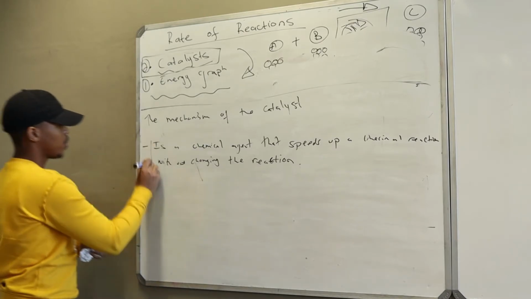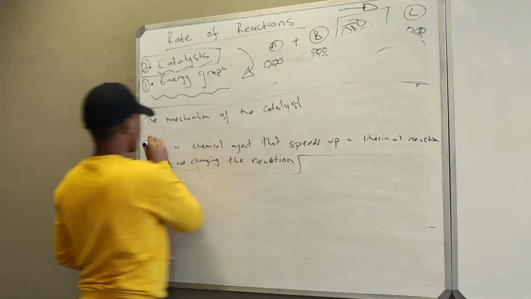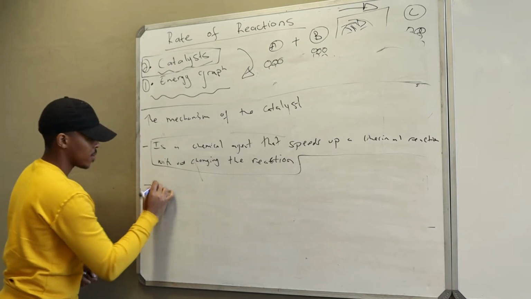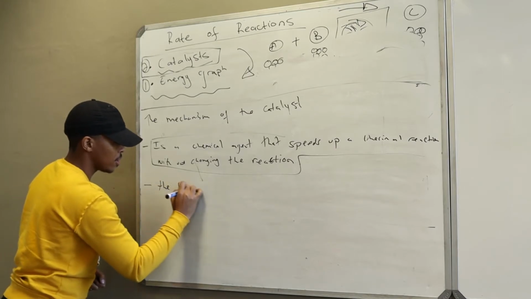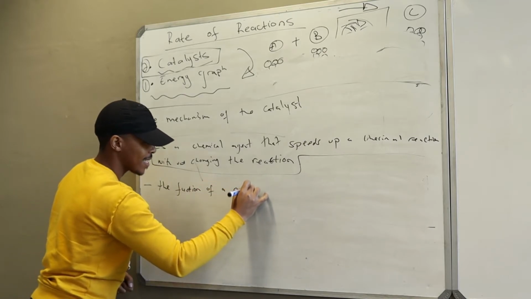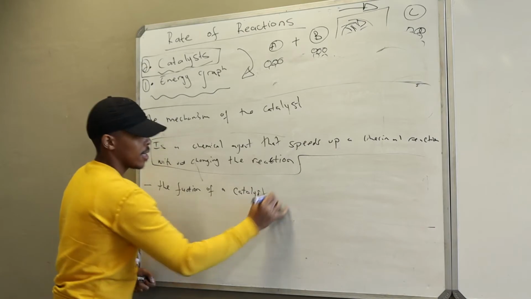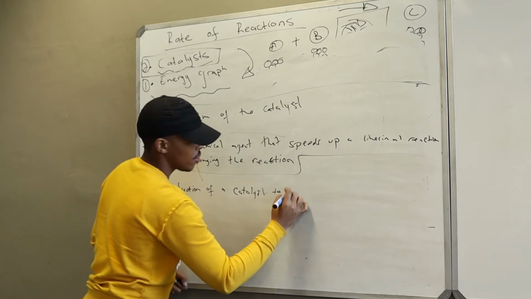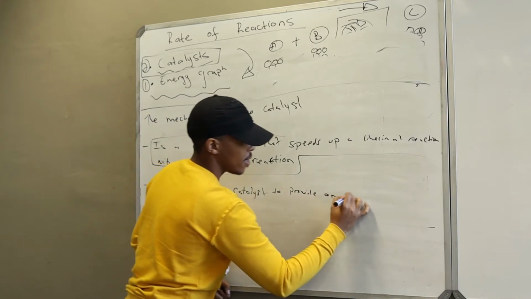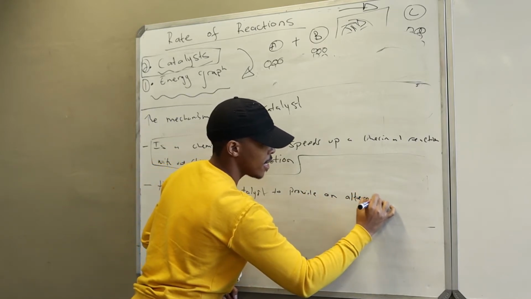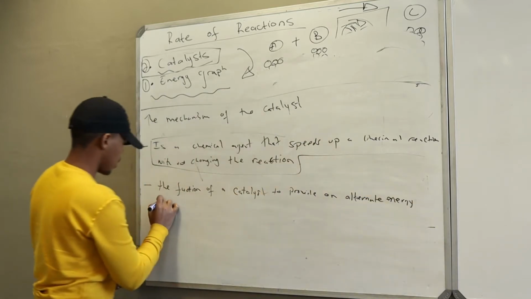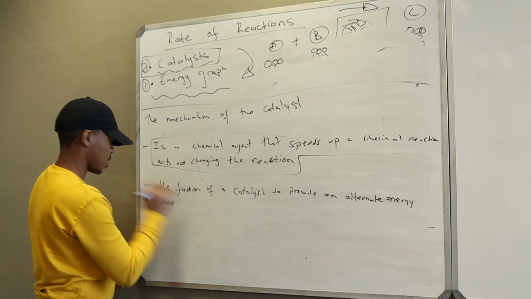So, to put this definition in more technical terms, right? What a catalyst does, so the function of a catalyst is to provide an alternate energy route, okay?